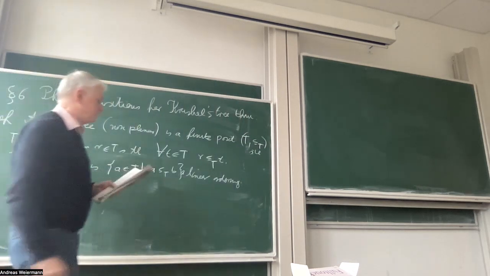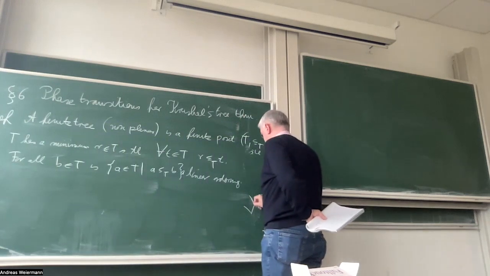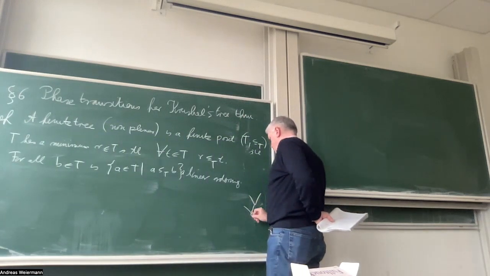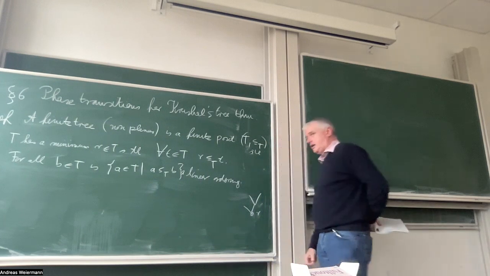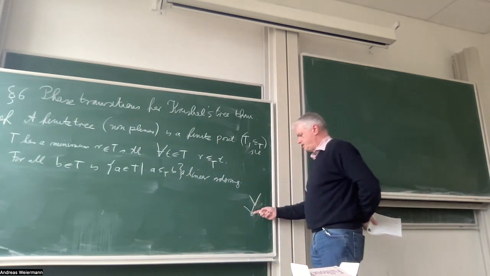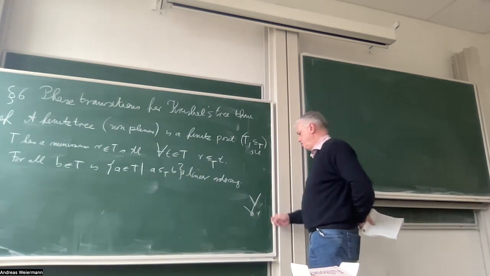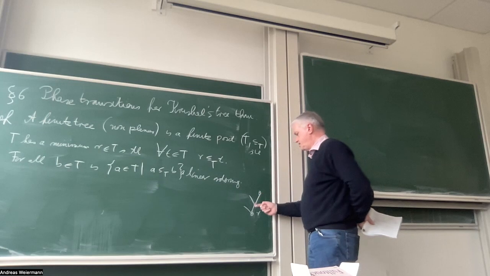So what is the shape of a tree? Something like this. Here's the root. And if you have some node and we look downwards, these points stay on a line. So this is linear ordering. If you look downwards here, it is again a linear ordering.